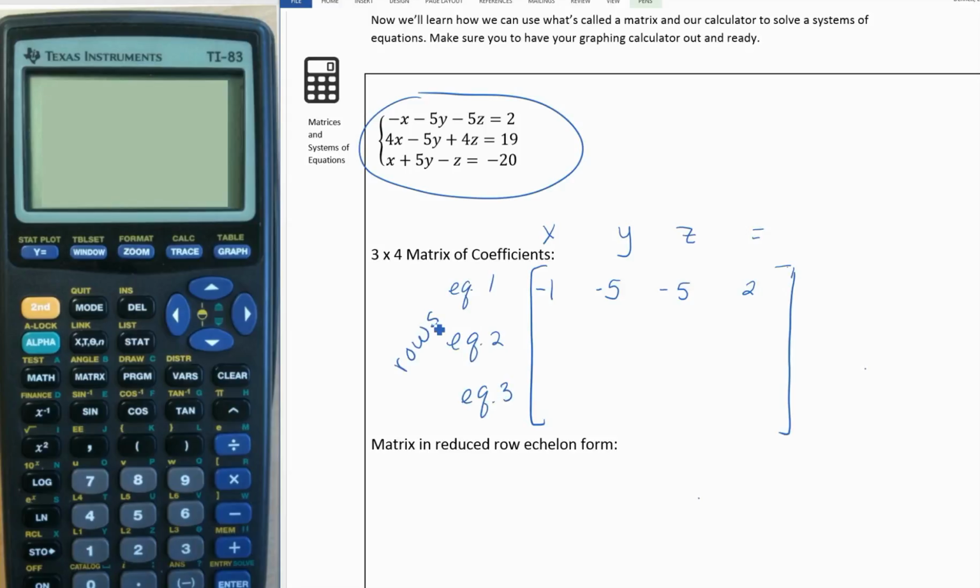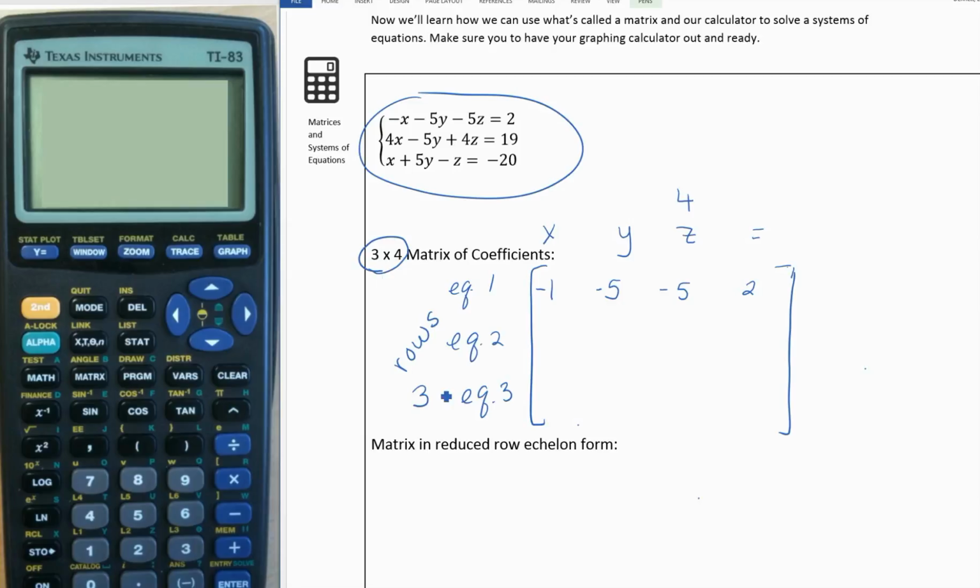And when we talk about the dimensions of a matrix, it's the rows by the columns. We have 3 rows here by 4 columns, so this is a 3 by 4 matrix. If you had more equations and more unknowns, you could expand this.